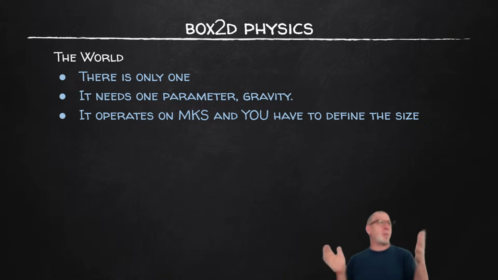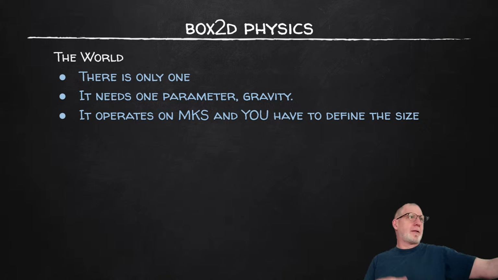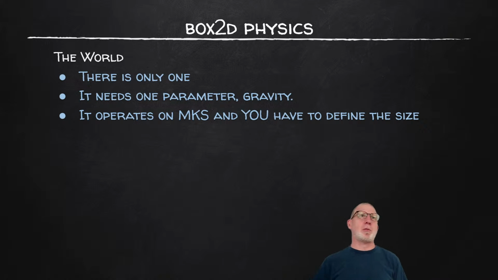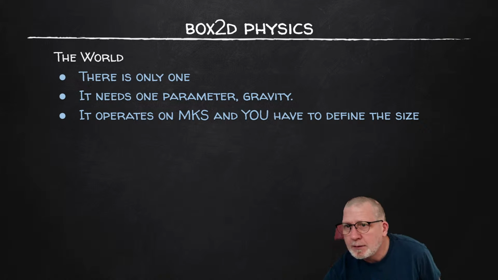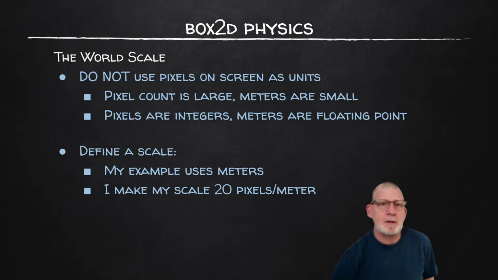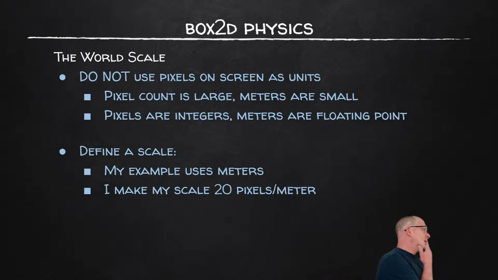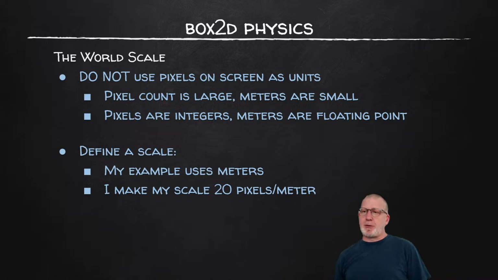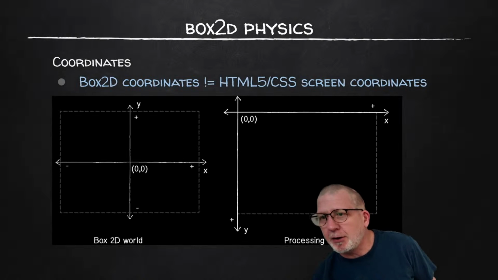Right? 20 or 30 pixels per meter kind of thing. Just a scale factor to multiply by. Yeah, 20 to 1. Everything again is floating point numbers, so you're going to have to coordinate those two things.